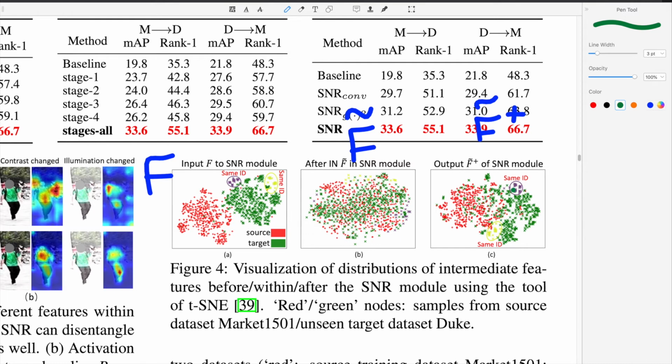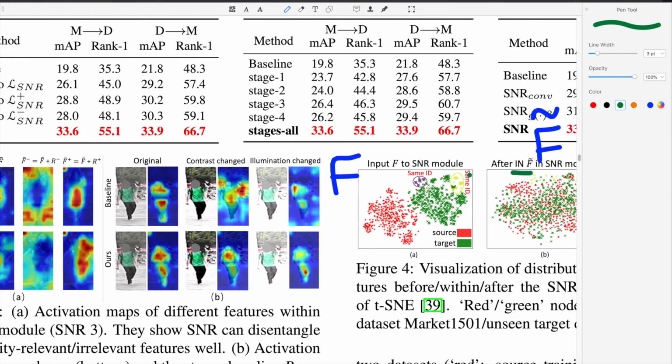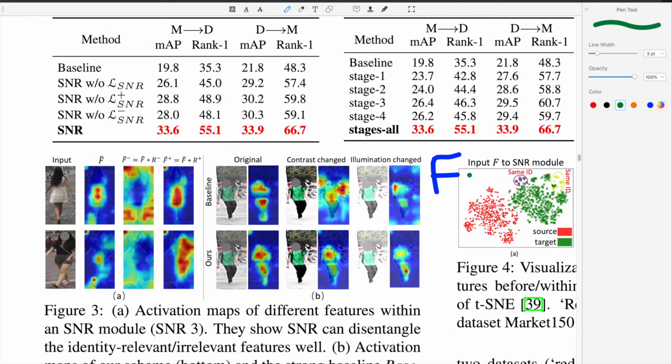But the features of the same IDs are closer to each other, like this. So this experiment was pretty interesting because it clearly shows the effect of individual modules in the SNR module, like the instance normalization and the restitution part. And then next is the activation map of the different features within the SNR module.